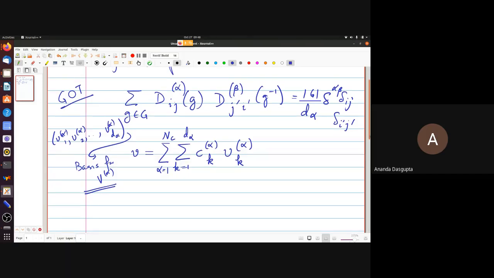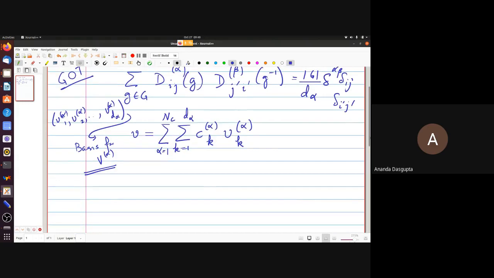And for the theory, what you need to do is first realize that if you take this vector and apply on it the operator representation of group element g, of course, what that is going to do is that it's going to simply ignore this sum over classes or sum over irreps actually. Remember, the number of irreps is exactly equal to the number of classes.